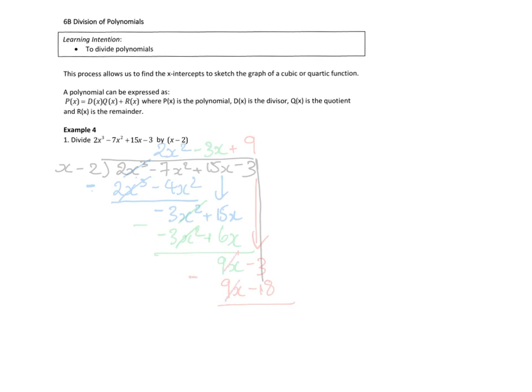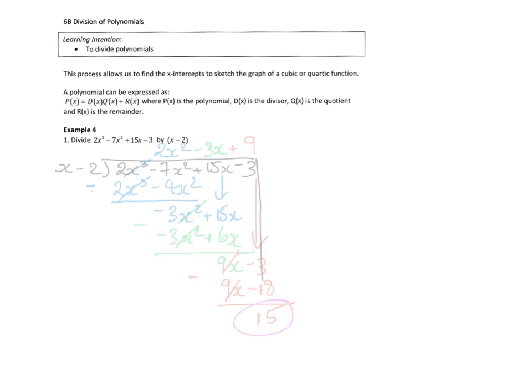And you have minus 3 plus 18, which is positive 15. So when we divide 2x cubed minus 7x squared plus 15x minus 3 by x minus 2, our answer is 2x squared minus 3x plus 9, and we have 15 left over.